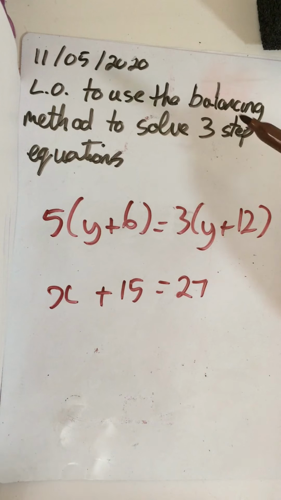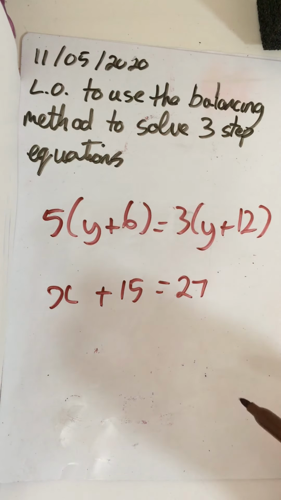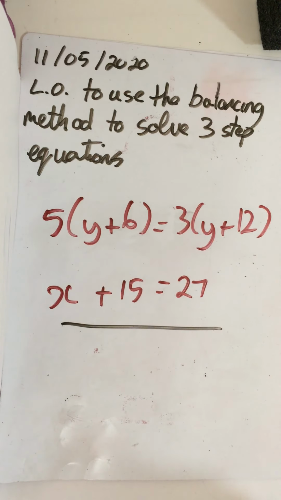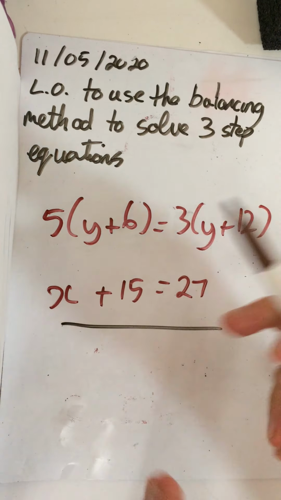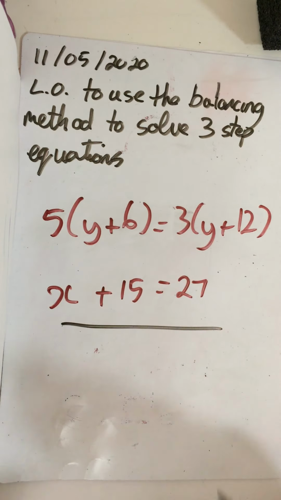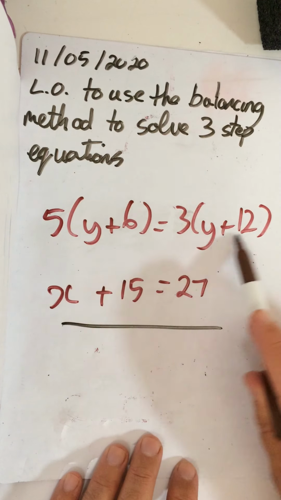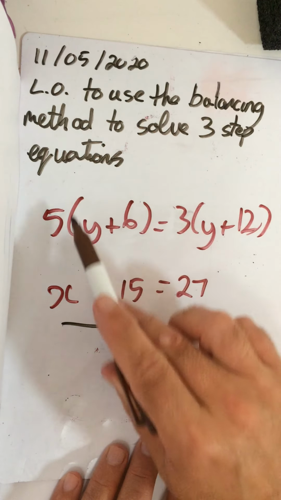Right, I pre-record these videos obviously, but I have seen quite a lot of the work that you've done, and quite a lot of us are still not using the full method. Now I know that on this equation here, you can very easily work out the value of x without doing all the method I've shown you. But we will be getting to this point in year 7, and that's just in year 7.